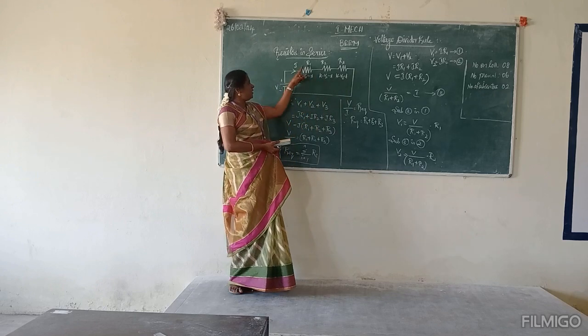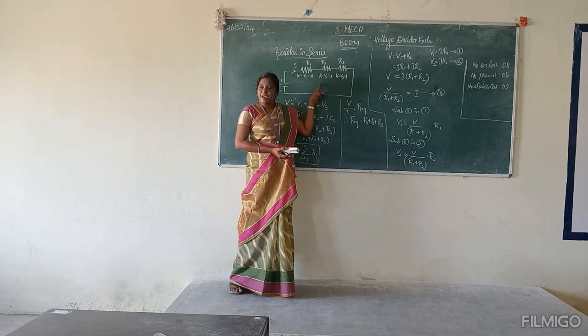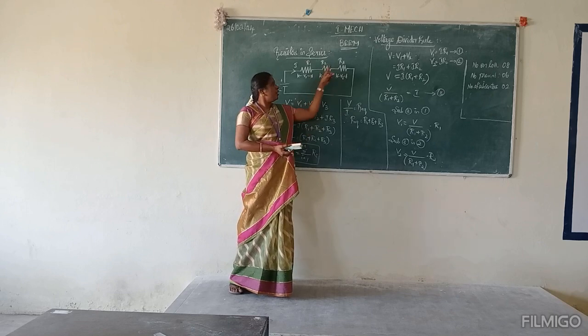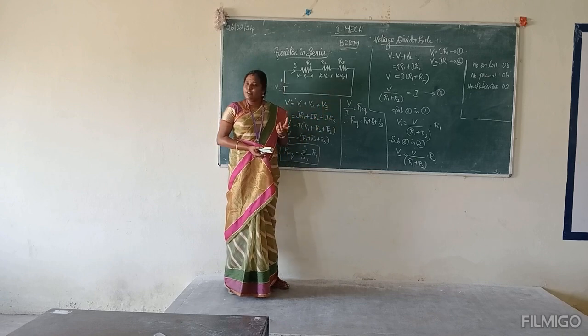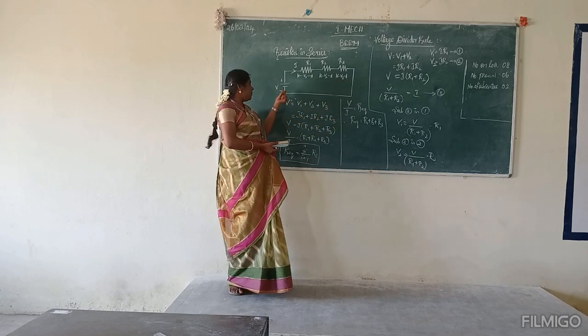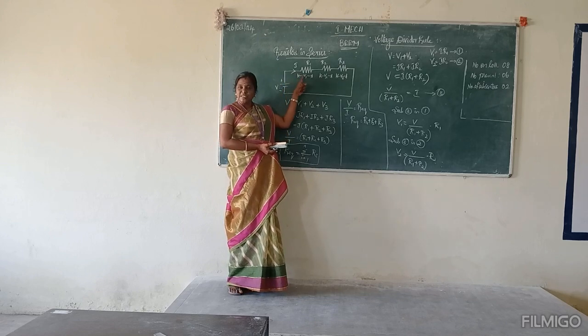The voltage drop in resistor R1 is V1, the voltage drop in resistor R2 is V2, and in resistor R3 it is V3. So how much voltage will be dropped? Say, for example, 10 volts is coming into the circuit.